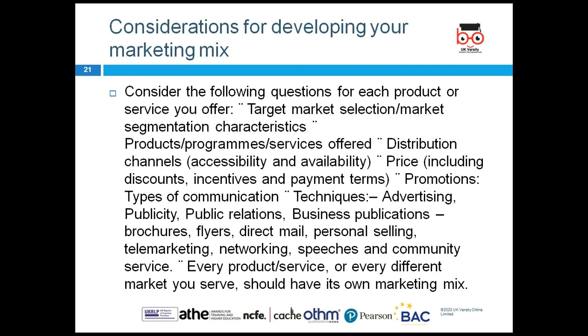Product, program, and the service offered. Distribution channel. What distribution channel do we have? Is it accessible and available? Can we book and they can deliver? Do they have their own distribution channel or do they use a distributor? And price, including what discounts they have. No doubt they have an IKEA family card, and some maybe they need to promote.